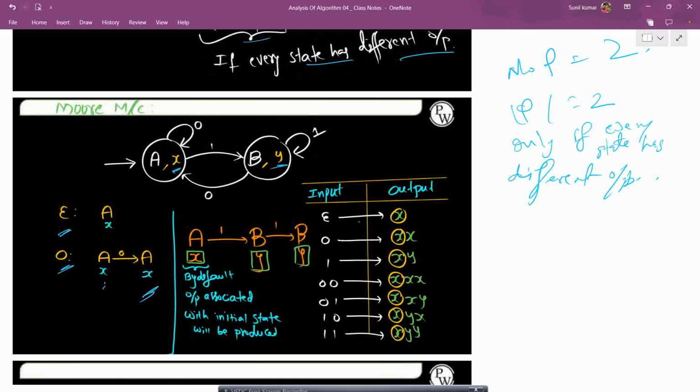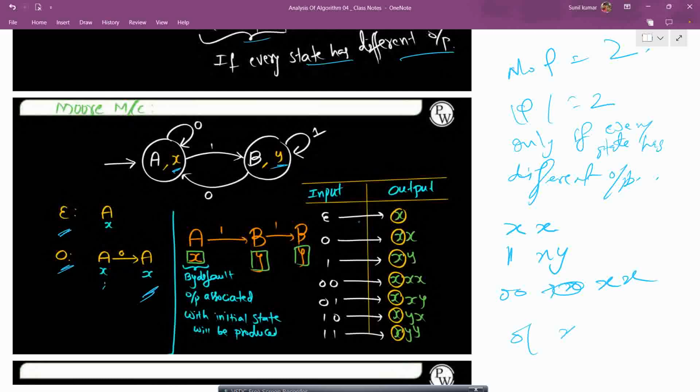For input 0, the output is x and x. For 1, it is x and y. For 0 0, x is the output for epsilon, then x, then x.